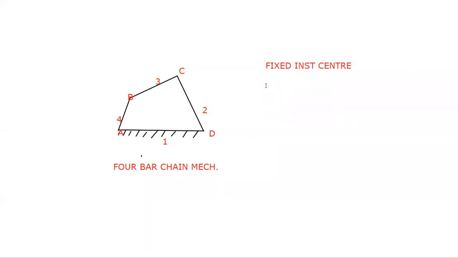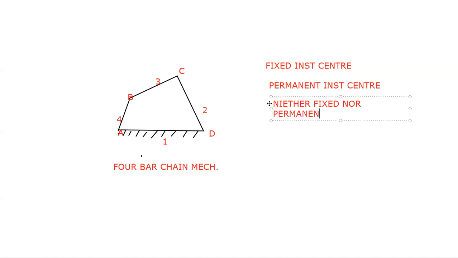Second one you can say permanent instantaneous center, and the third one is neither fixed nor permanent instantaneous center. So there are 3 types of instantaneous center.